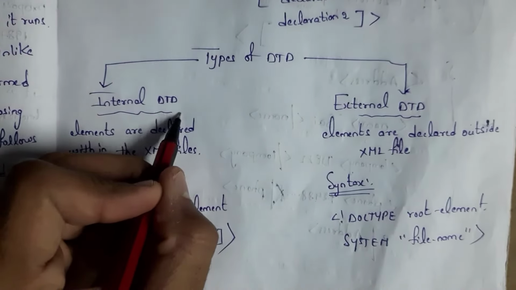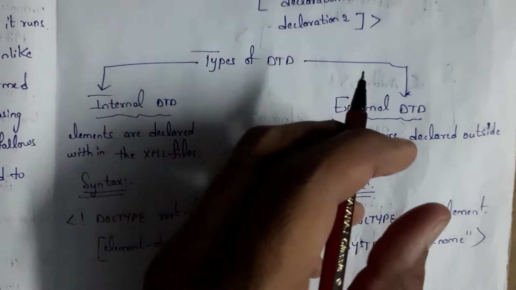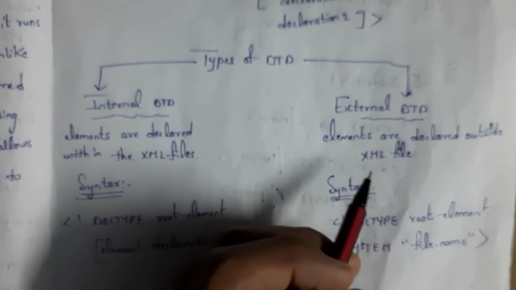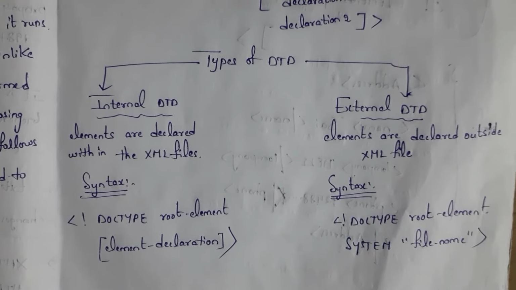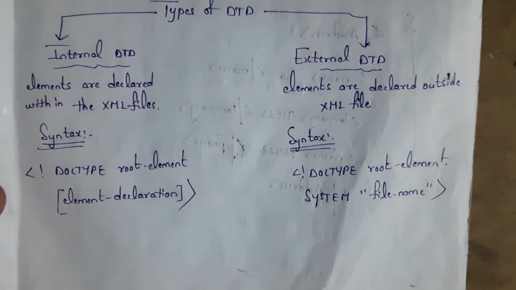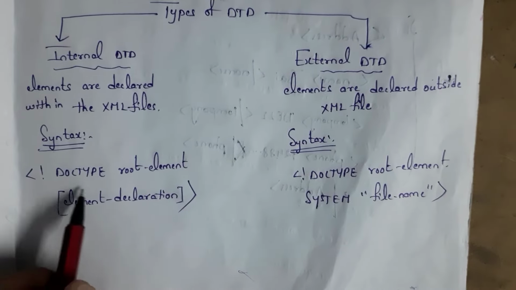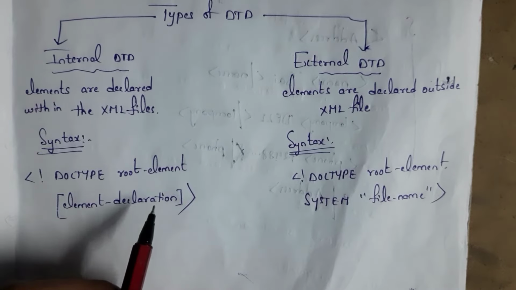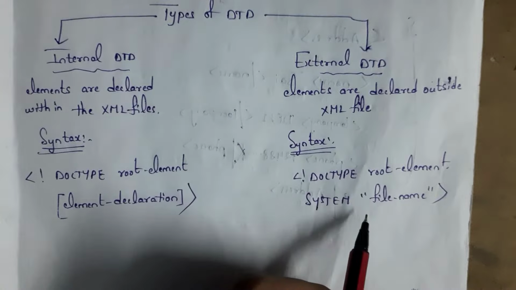In internal DTD, we represent elements inside XML file, whereas in external DTD, we represent elements outside XML file. This is difference between internal DTD and external DTD. These are the syntax. Internal DTD contains document type and root element. After that, we need to write element declaration. Similarly, external DTD contains document type, root element, system file name.